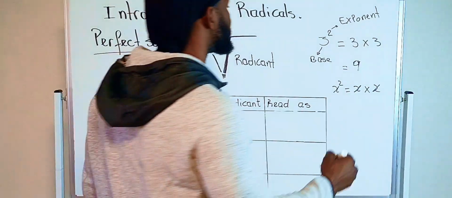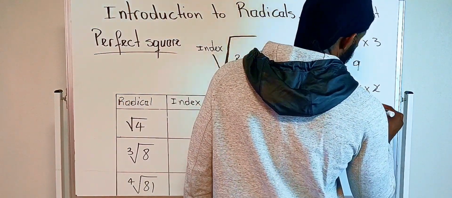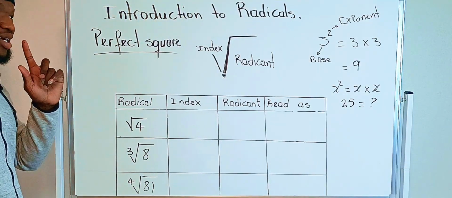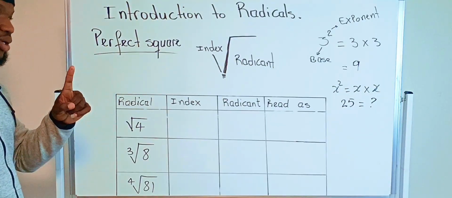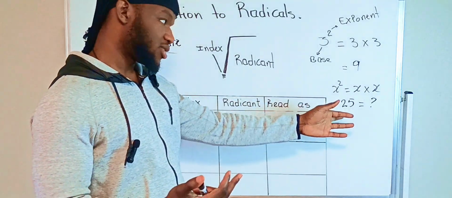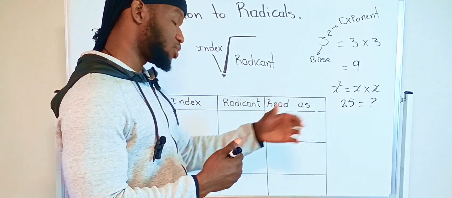Let's say, for example, 25. Is 25 a perfect square? Let's see by definition. I know a perfect square is a number or a variable too, but in this case, this is a number.